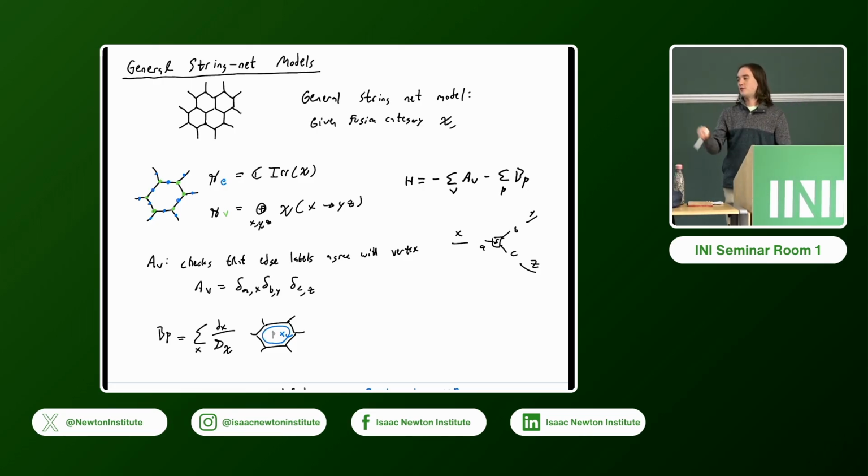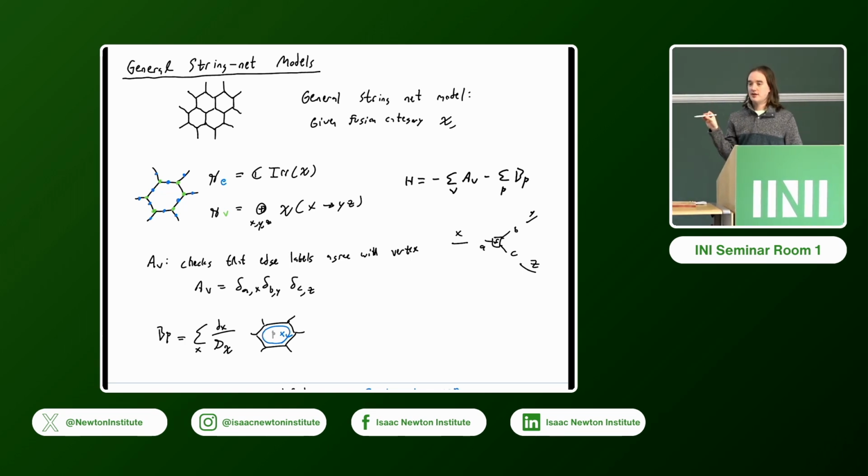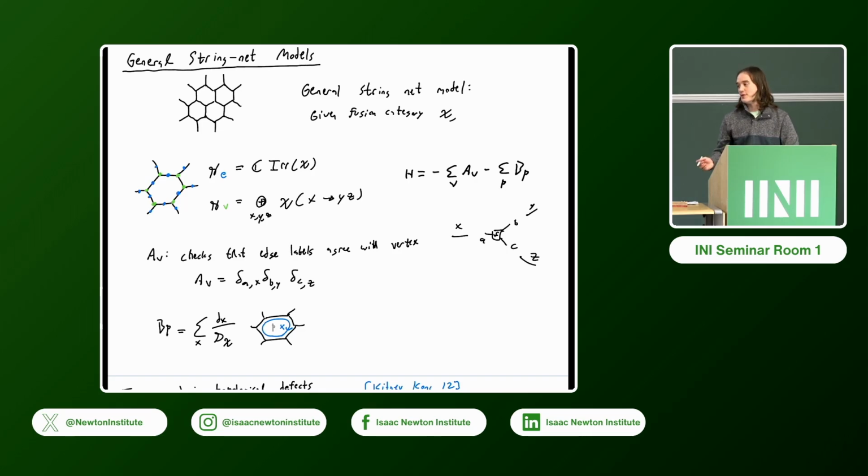If I take a contractible region and read off the labels in it, I can see some complicated intertwiner from some big tensor product of irreps, if this was Rep G, to some other big tensor product of irreps that is well typed. And the BP is a sum, with certain normalization, of inserting loops of all the simple objects.